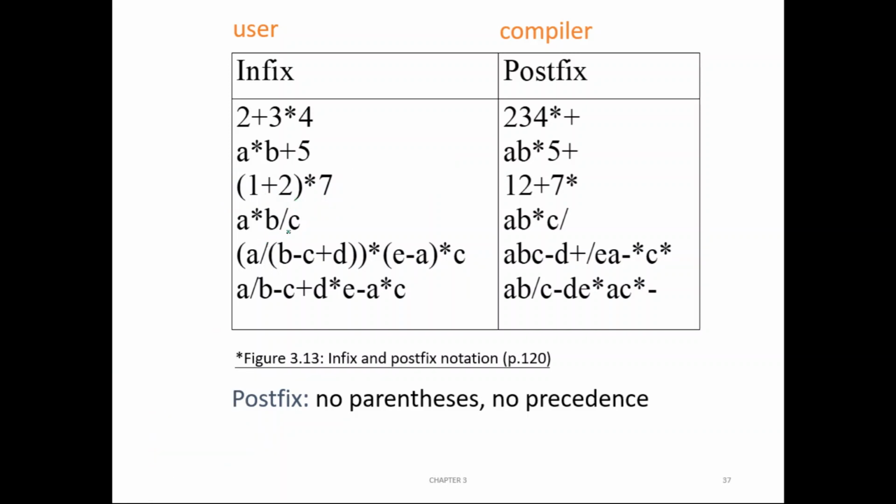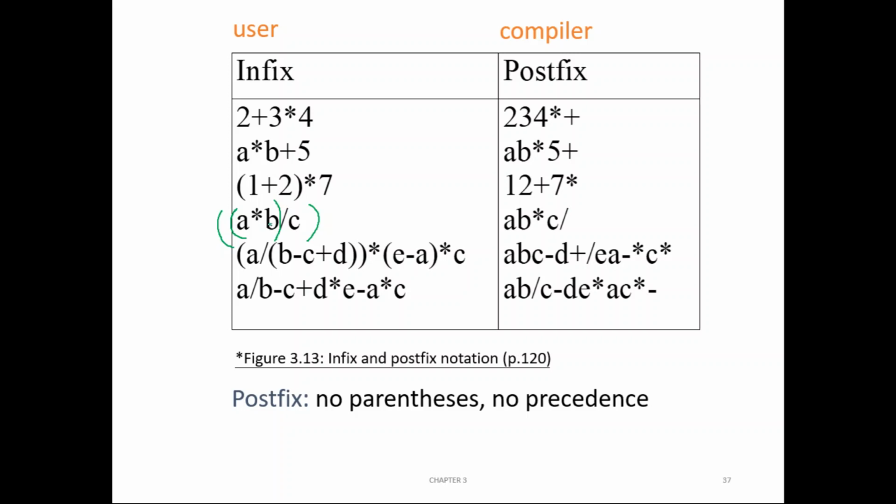Say this A star B slash C. Here there are two operators, star and slash, both have equal priority. So then you have to go for the associativity rule. It will execute left to right. Star slash, the associativity is left to right. So A star B will be done first, and that result will be divided by C. To convert it to postfix, again follow the same logic.